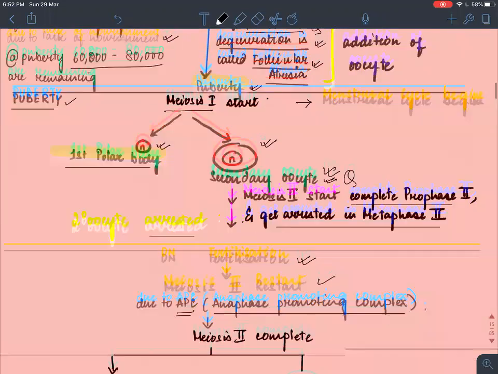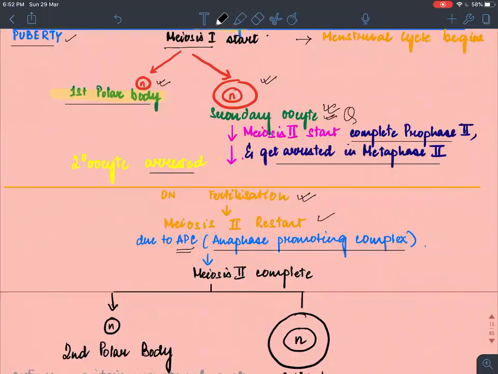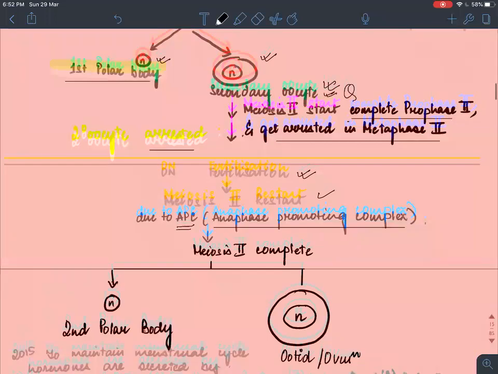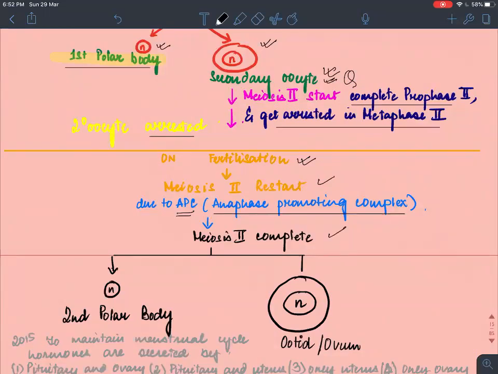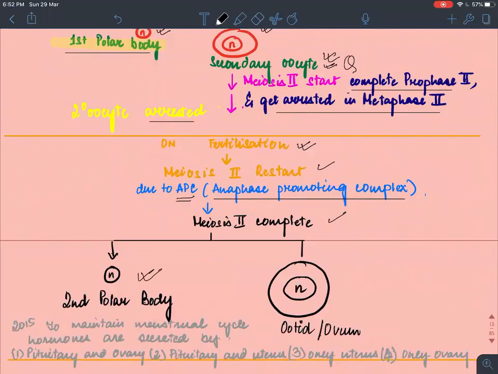This anaphase promoting complex will help in completion of meiosis 2, resulting in formation of two cells, out of which again one will be really small, called the second polar body, which will degenerate, and the other one will form a viable ovum.